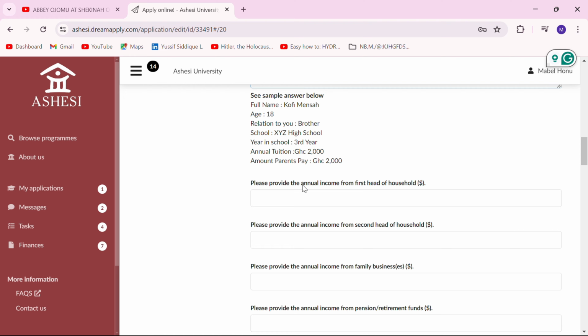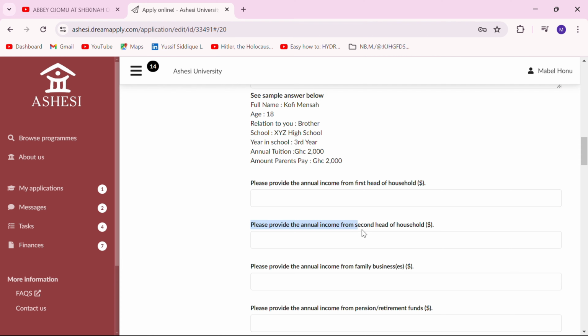So if they receive salaries, just find out the salary they receive, and if you know the monthly salary, you can just multiply by 12 to get the annual salary. So if it's your dad who earns 3,000 per month, then you have to multiply that 3,000 Ghana cedis by 12, and then the total amount you get, which is the annual income, you convert it to dollars and then you put the amount here.